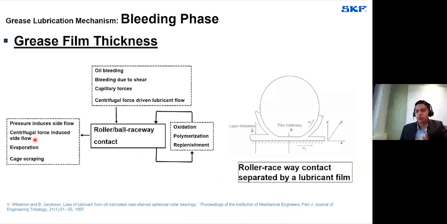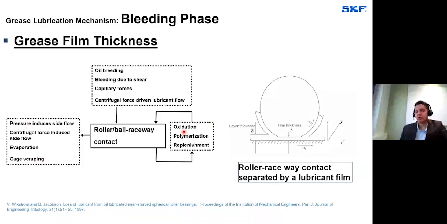Instead of moving towards the contact, these forces can also move the lubricant towards the side of the bearing. And if you have a higher percentage of smaller molecular weight molecules, then evaporation can occur, and there is also the possibility of cage scraping. Normally, during cage scraping, grease is thrown towards the sides of the bearing, and these aspects contribute to the depletion of the film thickness.